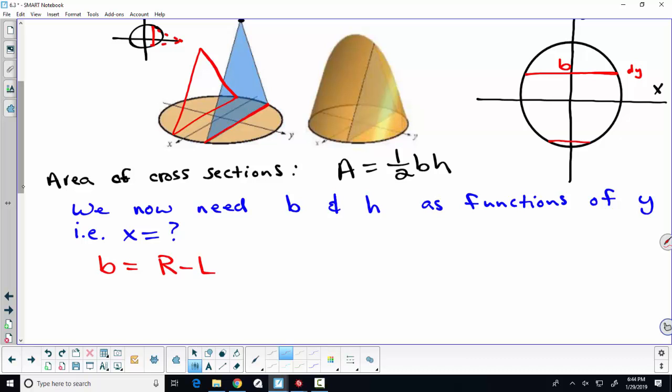Or since it's symmetric with respect to the origin, we could just say it's half of the length. Half of the length would be the right minus 0, but then we would have to double that. So there's a couple of ways you can think about how we're measuring the length of that base.